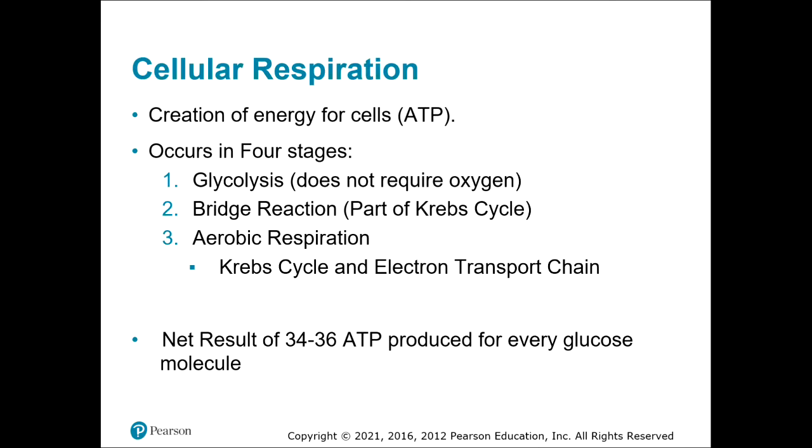So to show you a comparison, the net result of ATP produced by aerobic respiration is 32 to 34 ATP per glucose molecule. During glycolysis, which is a form of anaerobic metabolism, that produces 2 ATP.